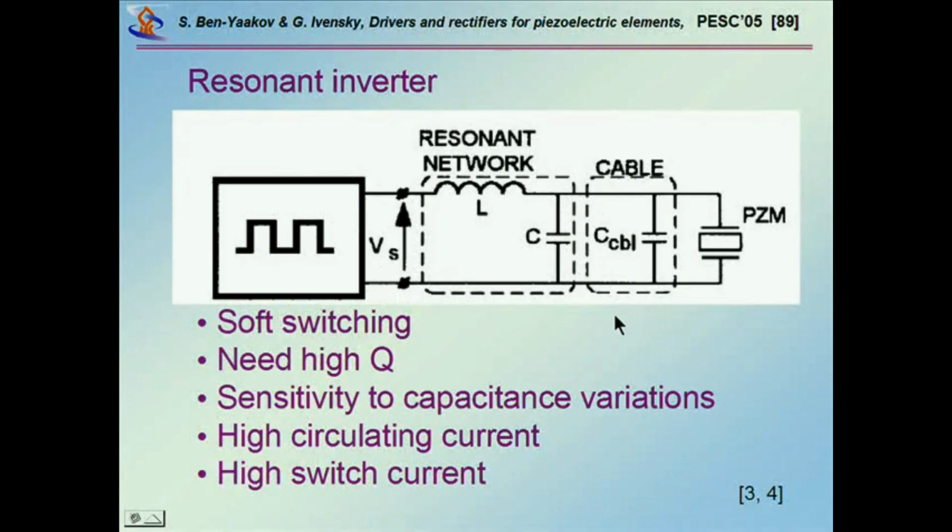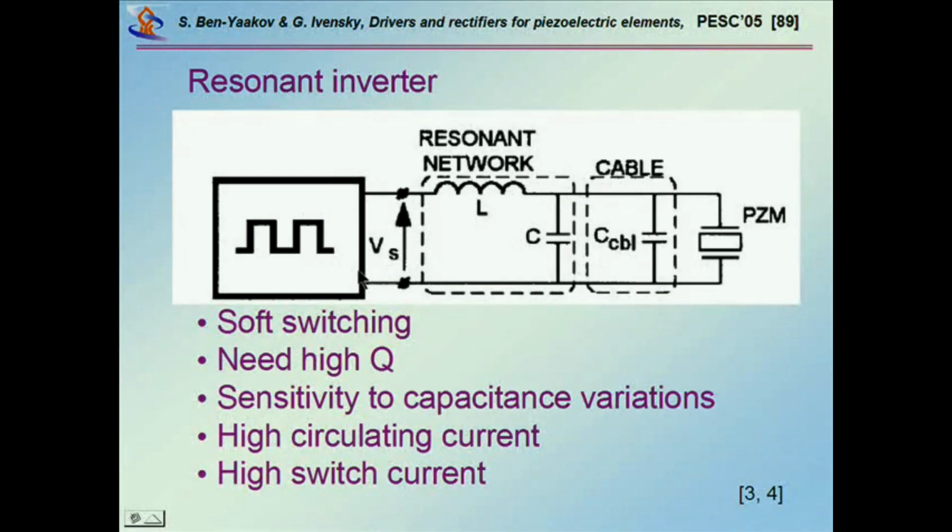The problem is, there are a number of problems. One, as I've said, the efficiency will be very low. The reason is that you have reactive current flowing through the switches here.